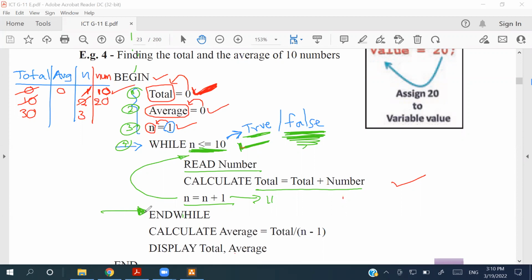Right? So understand the nature. Whenever it checks the condition, if the condition is true, the things inside the while loop are going to repeat. If the condition is false, it's going to go straight away to this particular point.